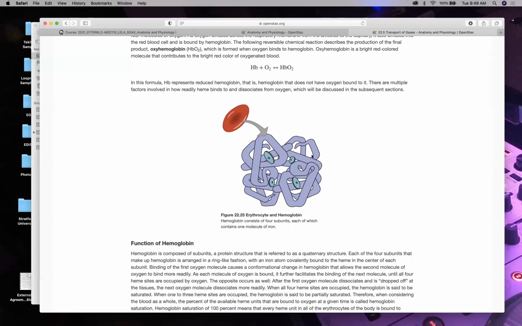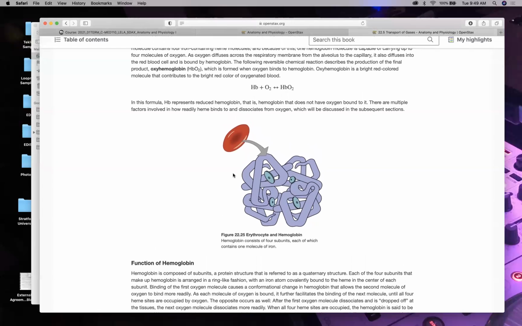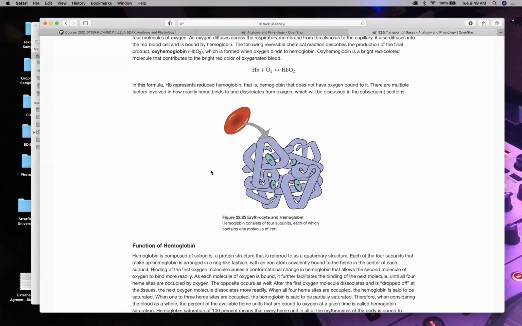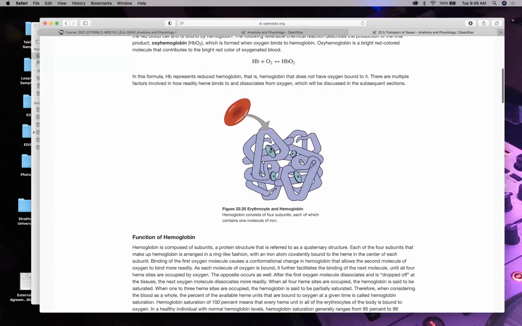And what sits on these four seats, 1, 2, 3, 4, is oxygen, carbon dioxide, and other things like glucose. And this molecule is hemoglobin. It is what is in the empty middle part of your red blood cell. Here's your red blood cell, classic biconcave disc configuration with no nucleus.